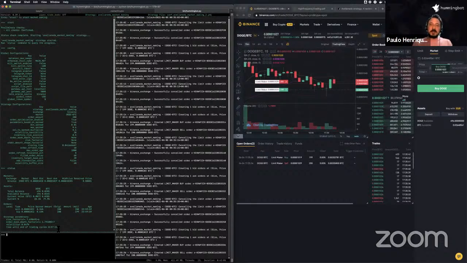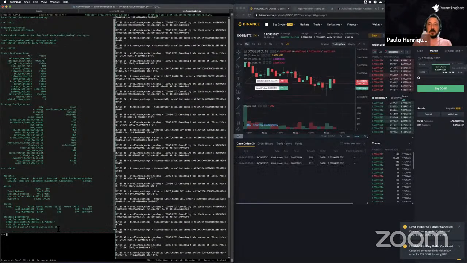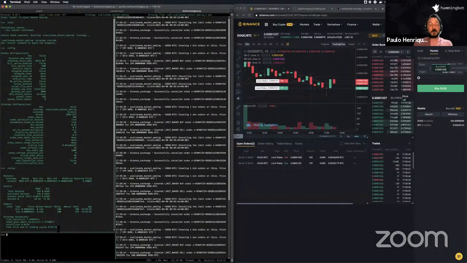Since crypto is 24/7, we don't have an open day or a close time. What we tried to do to emulate this is to add this parameter, the closing time, where you can set what a trading cycle will be.